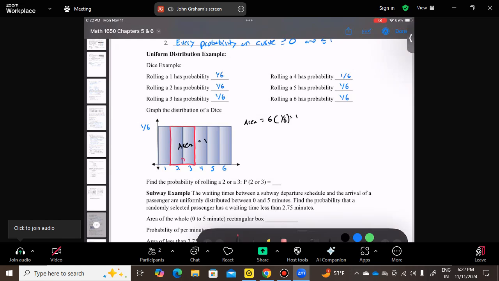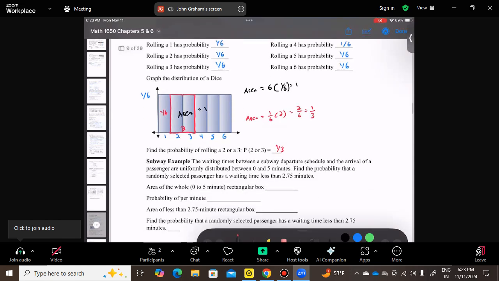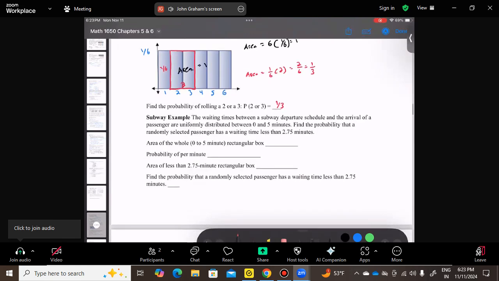So you have 2 on the x and 1/6 on your y, and your area is 1/6 times 2, which is 2/6 or 1/3. So your probability of a 2 or 3 is 1/3, or 1/3 of the area under that curve. The reason that's more discrete is you can't roll anywhere in between. You can't roll a 1.5 or 1.6.